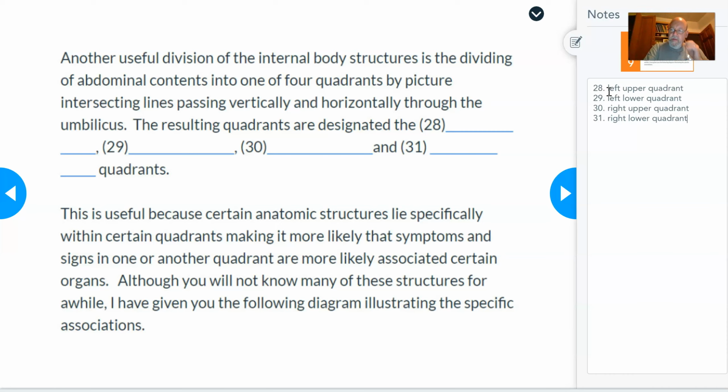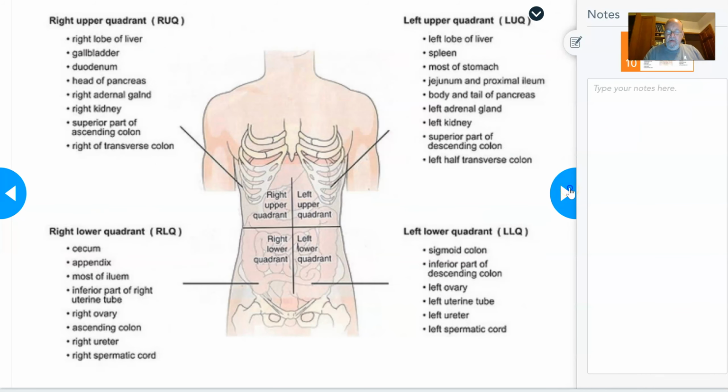This is useful because certain anatomic structures lie specifically within certain quadrants, making it more likely that symptoms and signs in one or another quadrant are associated with certain organs. Now, you'll not know many of these structures for a while, and I've given you the following diagram illustrating these associations.